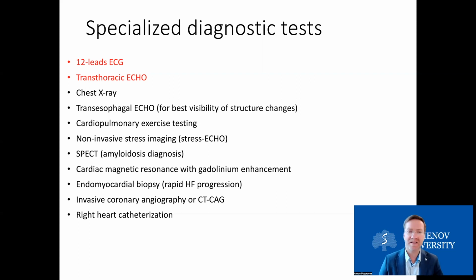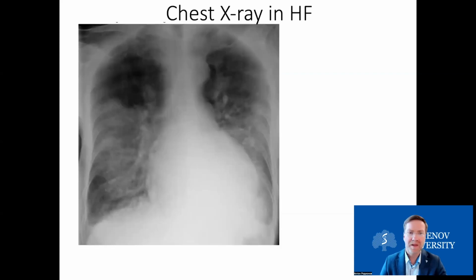Radionuclide scanning SPECT, that means single photon emission computed tomography, to exclude amyloidosis first of all. Cardiac magnetic resonance sometimes, and myocardial biopsy. Invasive coronary angiography or CT coronary angiography, and even right heart catheterization in some cases, for example valvular heart disease.